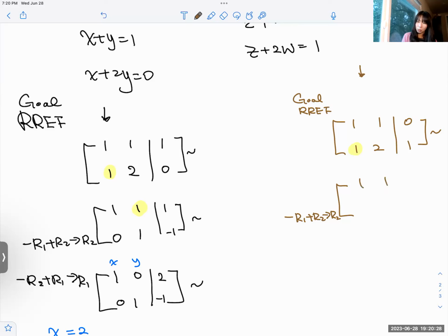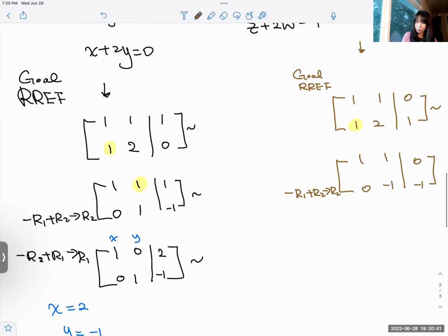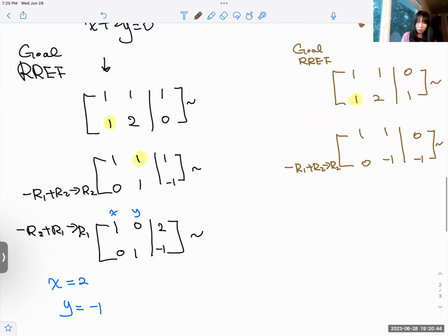So we have [1, 1 | 0; 0, 1 | 1]. Now we want to make a 0 here.